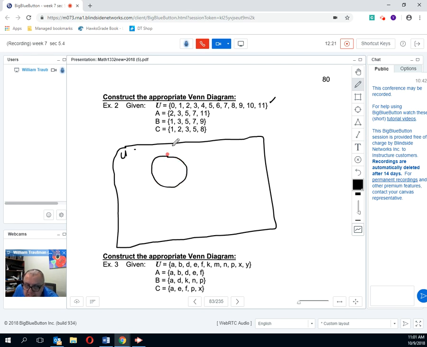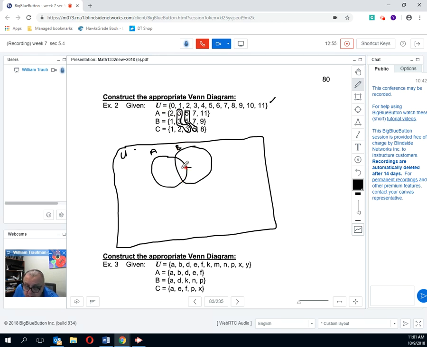Let's look. Is there anything in common with all three, A, B, and C? Do you see A, B, and C does have something in common? They all have a 3. They all have a 5. 3 and 5 are the only things in common with A, B, and C. I'm calling this A. I'm calling this B. And I know they overlap, A and B, because they have numbers in common.